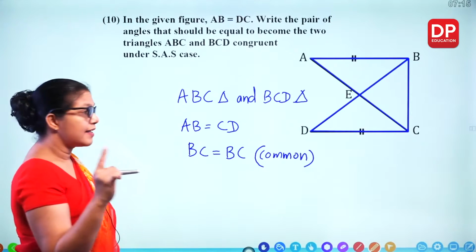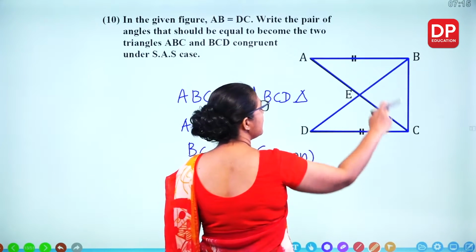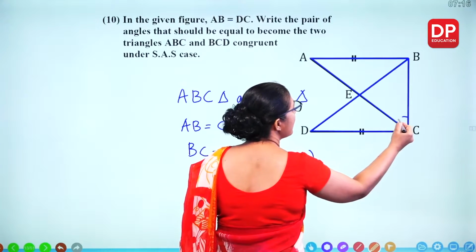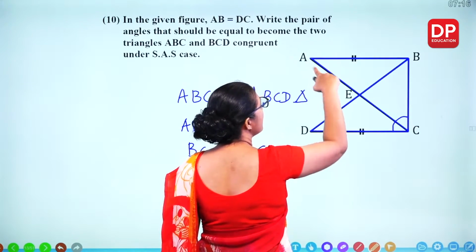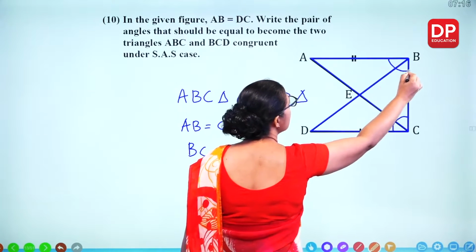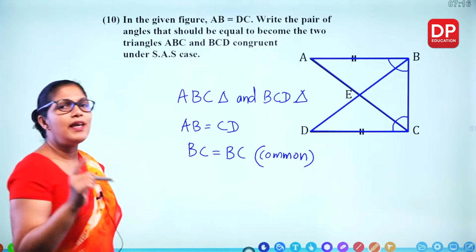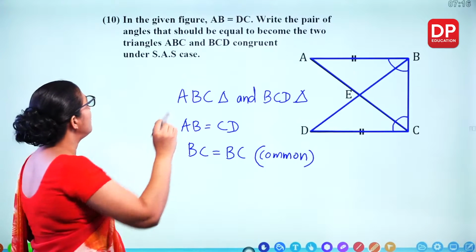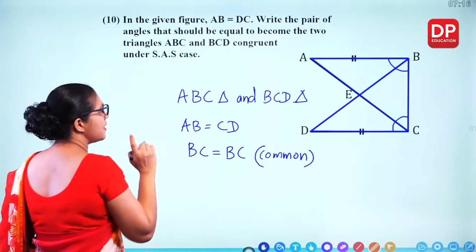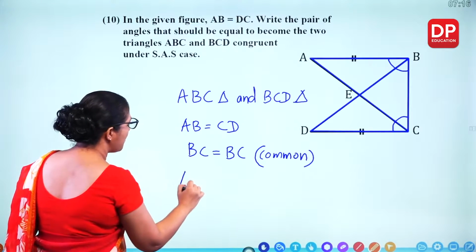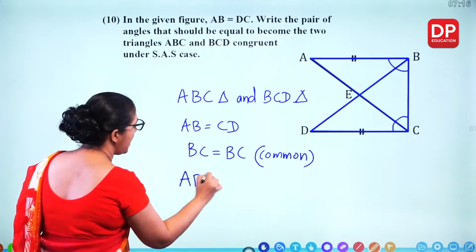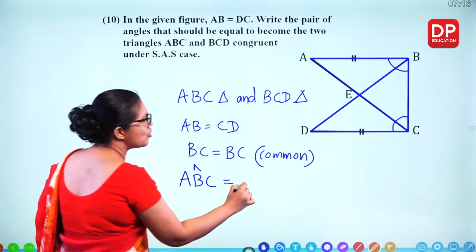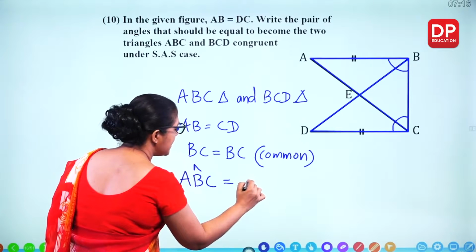Now you need the angle. Two sides and the angle. Included angle for this is here. Included angle for this triangle is here. So that should be equal because this is SAS, included angle. So that means angle ABC should be equal to angle BCD.